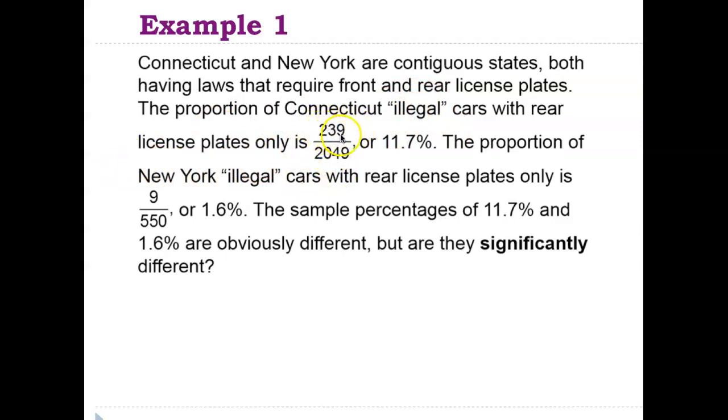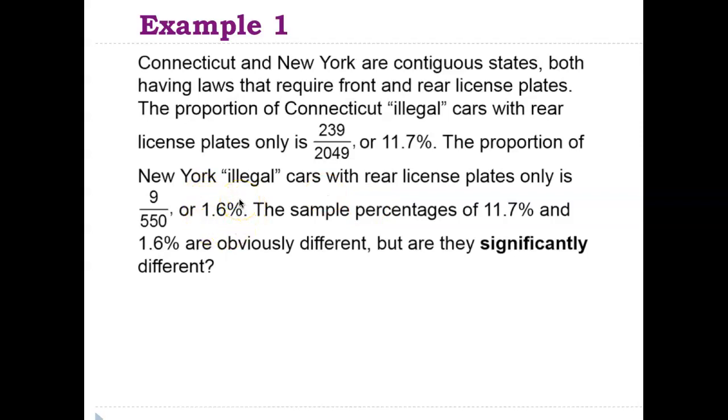So 239 cars in Connecticut had rear license plates only out of 2,049, or 11.7%. The proportion of New York illegal cars with rear license plates only is 9 out of 550, or 1.6%.